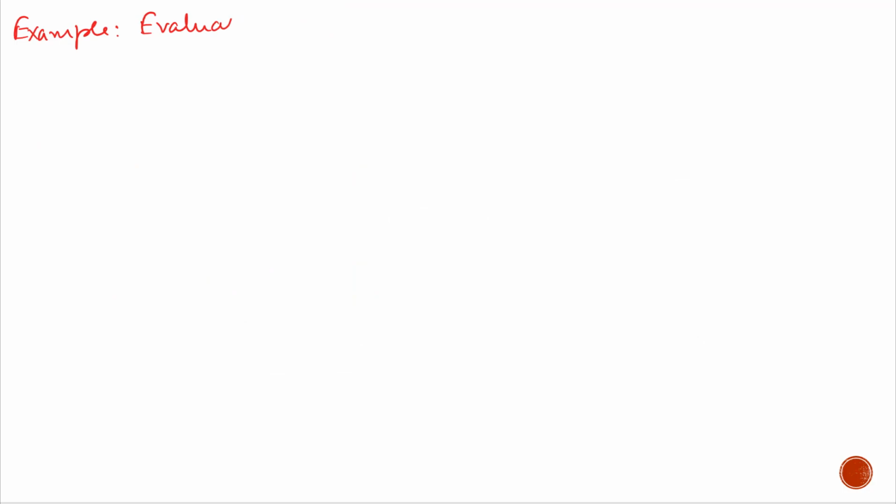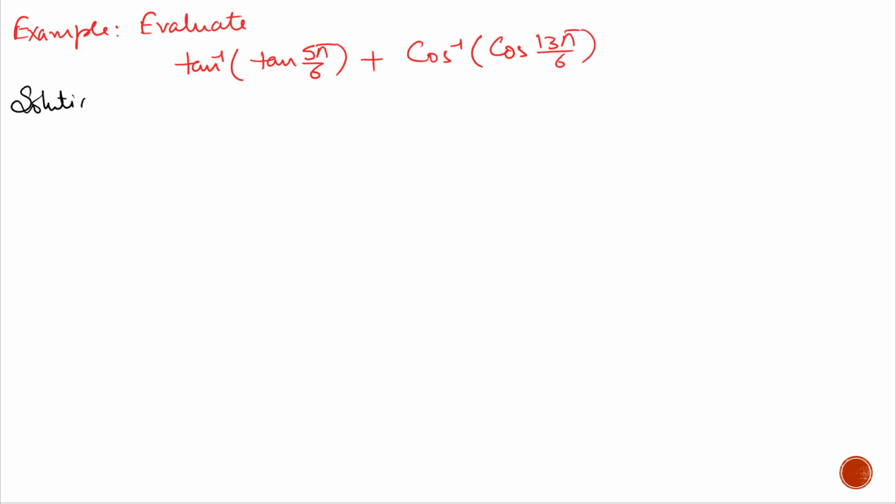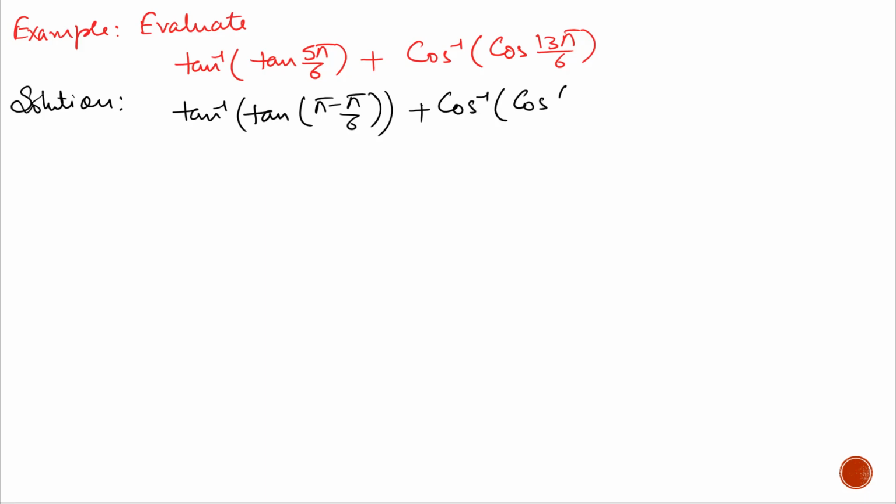Next example. Evaluate tan inverse tan 5 pi by 6 plus cos inverse cos 13 pi by 6. We will rewrite this as tan inverse tan of pi minus pi by 6 plus cos inverse cos of 2 pi plus pi by 6.